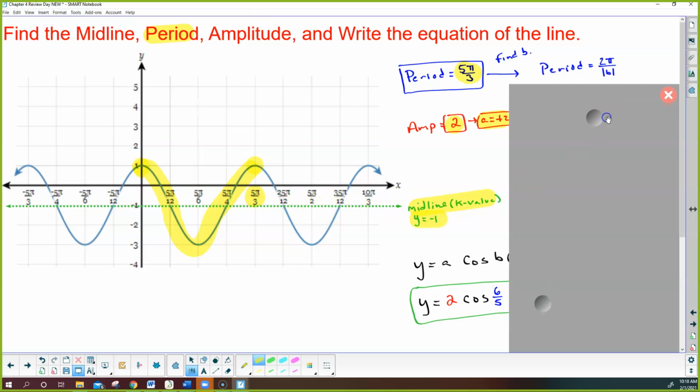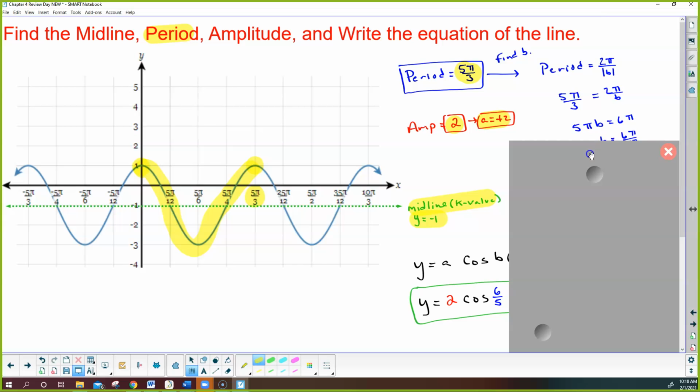So now this is what I was showing you before. The period is equal to 2 pi over b. The period we know is 5 pi over 3, and that has to equal 2 pi over b, and that's how we find the value b to write the equation. So I'll cross multiply. Nothing special: 5 pi times b equals 6 pi.